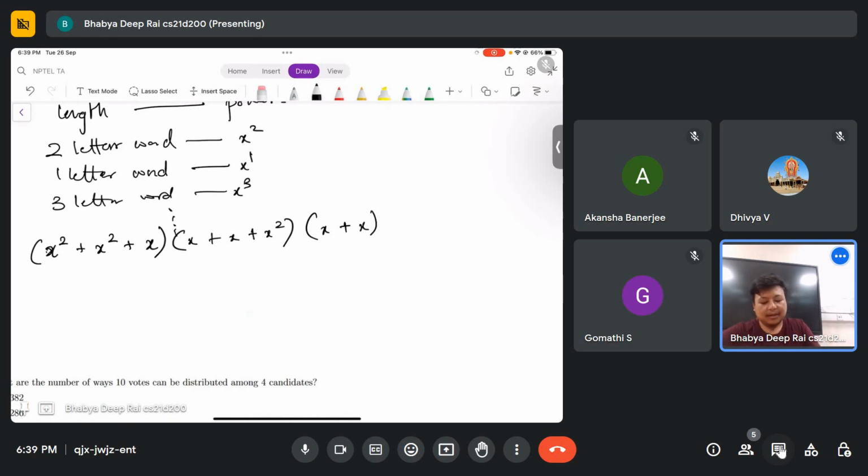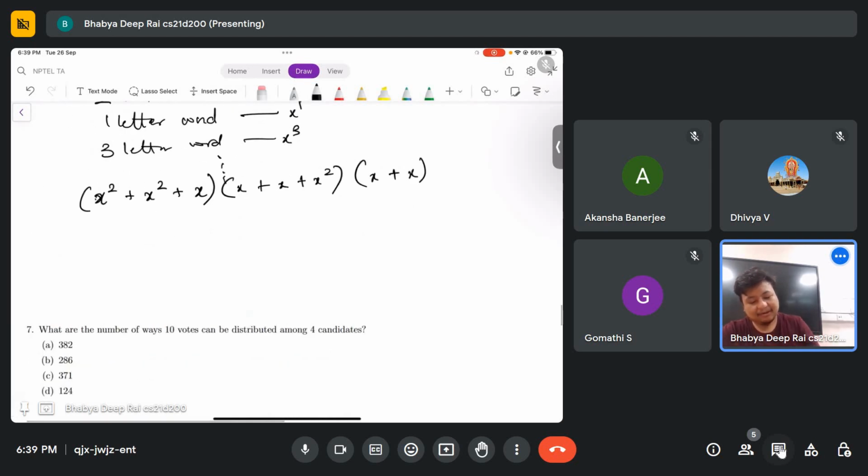Okay, so this is what I have in hand now. Let me further simplify: 2x square plus x, times 2x plus x square, times 2x.